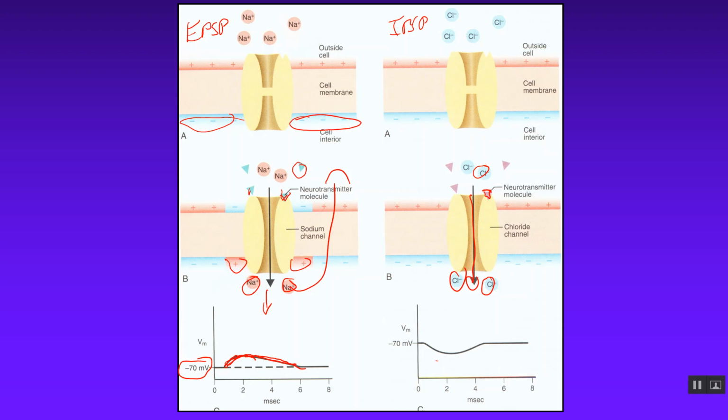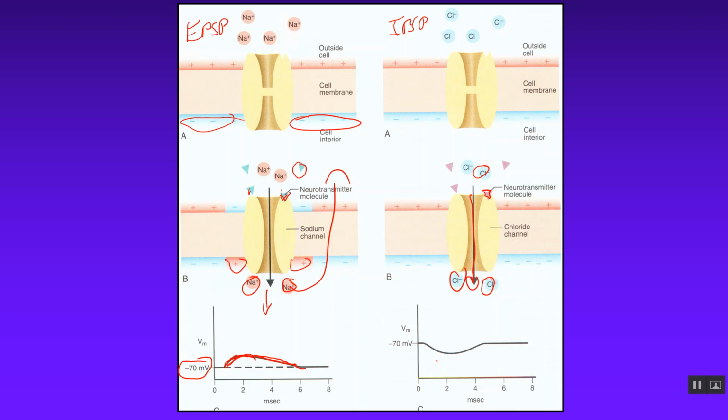Okay, so local potentials are the little changes in the resting membrane potential at that local region. Local potentials, when added up either with temporal summation or spatial summation, usually a combination of both, can then lead to an action potential if they exceed threshold.